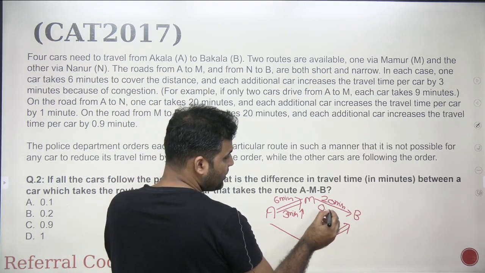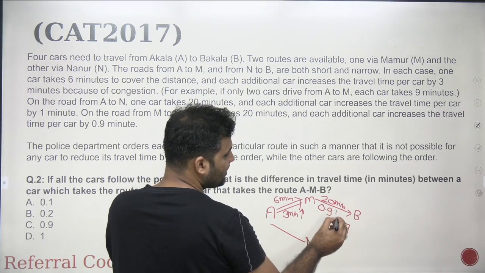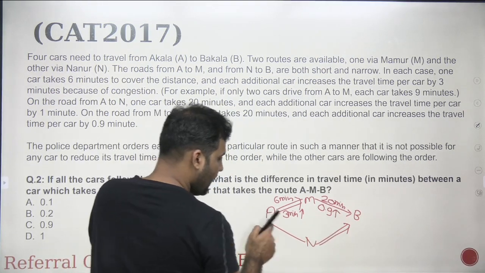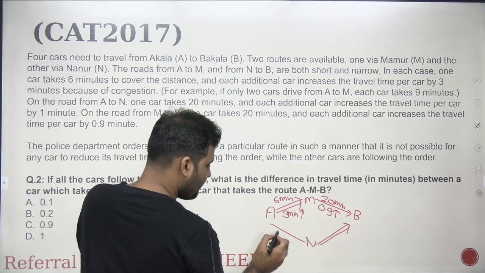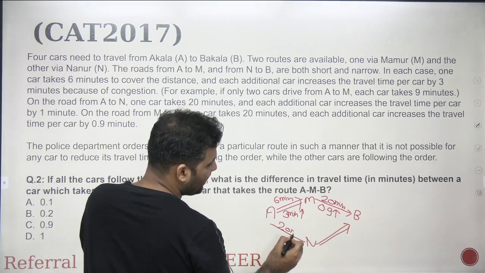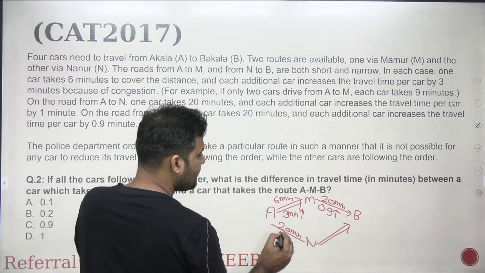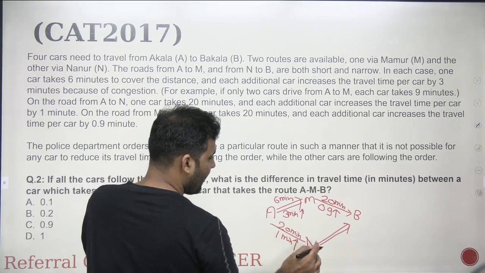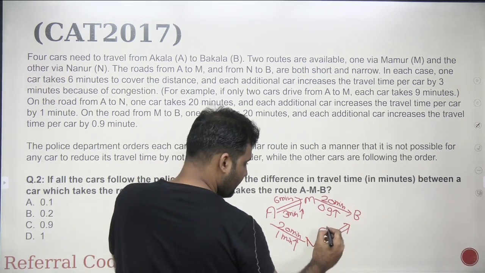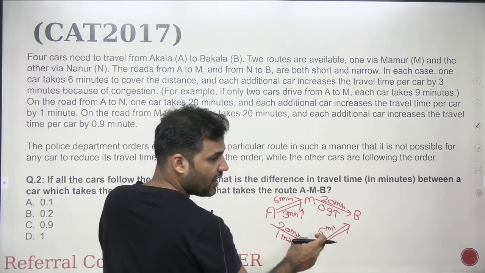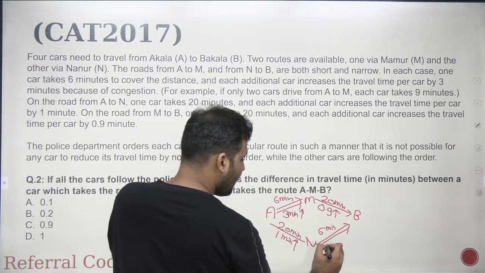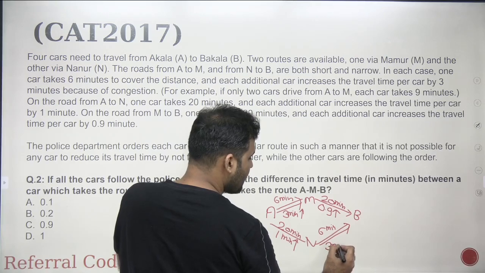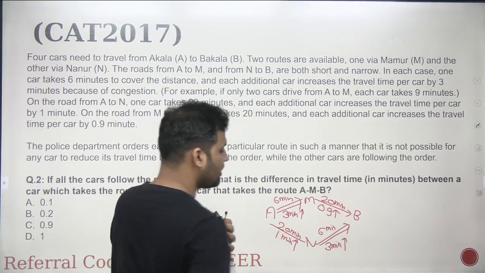A to N, again the travel time is 20 minutes, but every additional car increases the time by 1 minute. And N to B, the travel time is 6 minutes, and every additional car increases the travel time by 3 minutes.